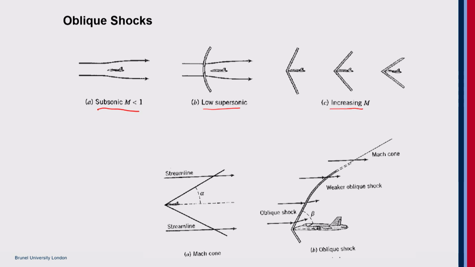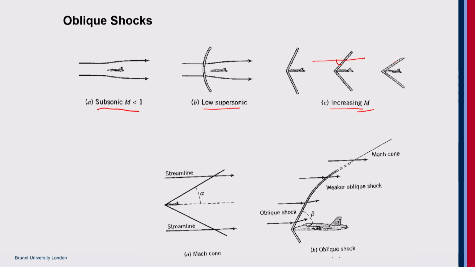As you increase the speed, the shock tends to hold on to the spike or the leading edge of the object. Now the strength of the shock wave is defined through its angle, and you can see that the strength varies with higher speed.